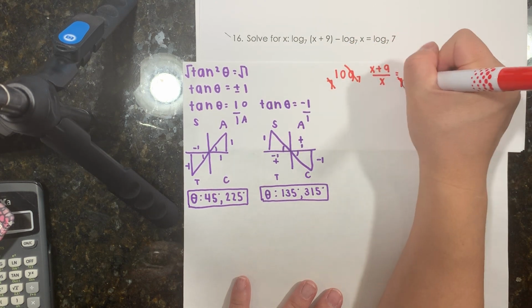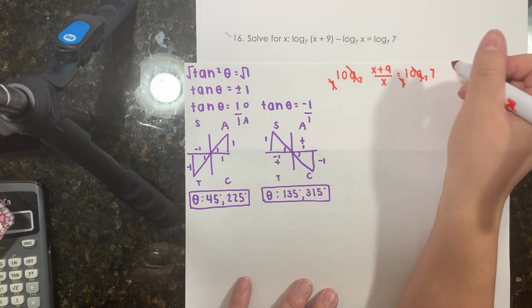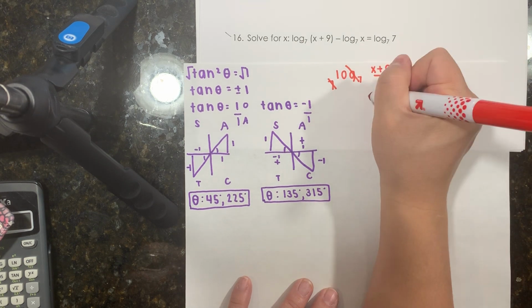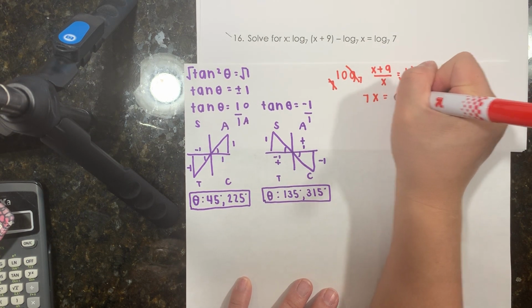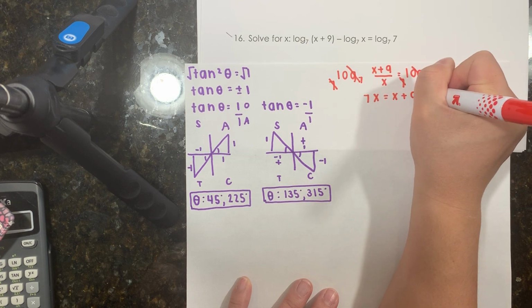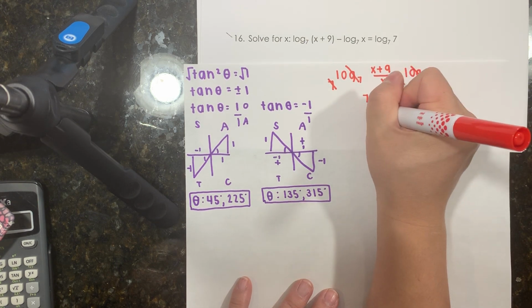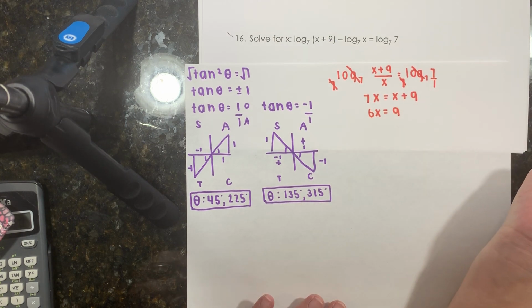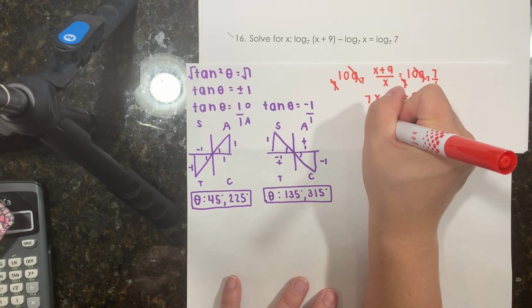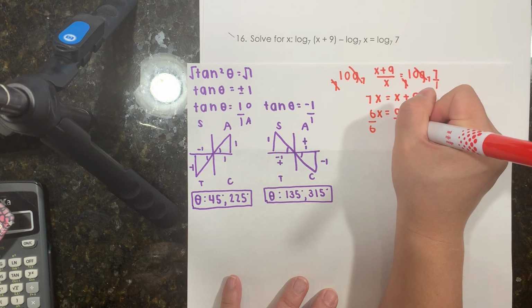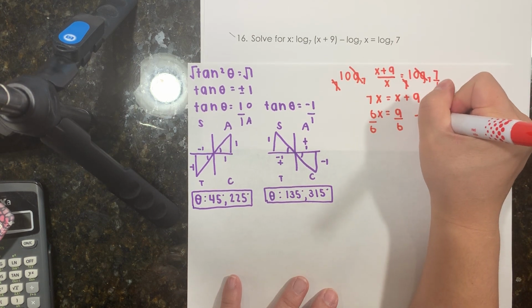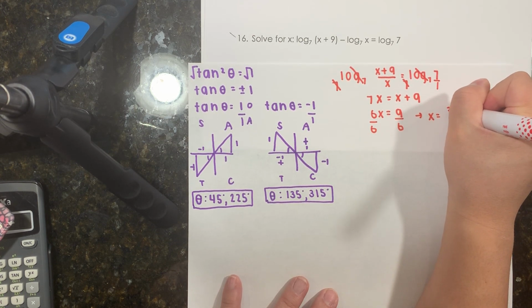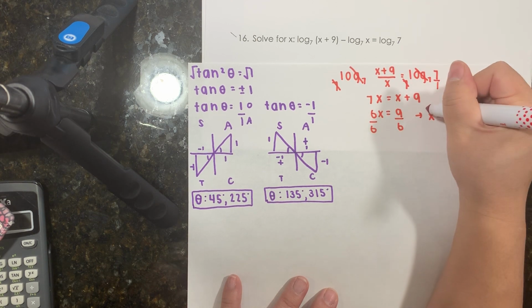So the log 7's cancel. And now I'm going to cross multiply. So that would be 7x equals x plus 9. That would then give me 6x is equal to 9. And when you divide both sides by 6, you would get x is equal to 3 over 2.